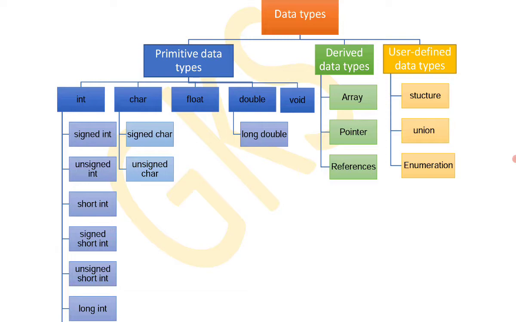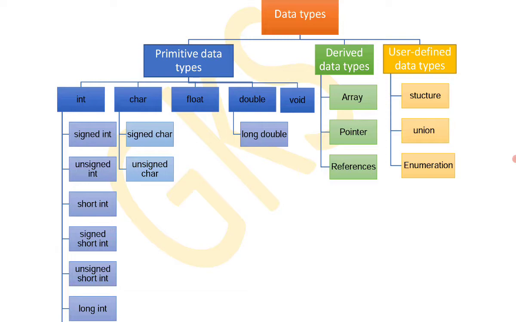Generally marks have only positive numbers. If some student got 65 marks, there is no concept of plus 65 or minus 65. Such types of data items are called unsigned data types.